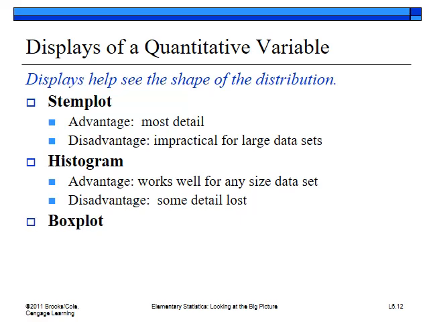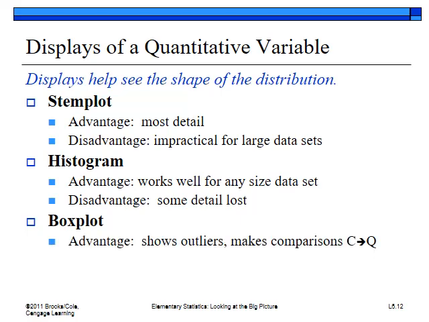Finally, we'll look at a box plot, which is sometimes also called a box and whisker plot. A box plot has the advantage of showing outliers and makes comparisons for relationship between a categorical and a quantitative variable identifiable visually. We can look and see what the relationship is. But the disadvantage is that we lose even more detail than we did with a histogram.